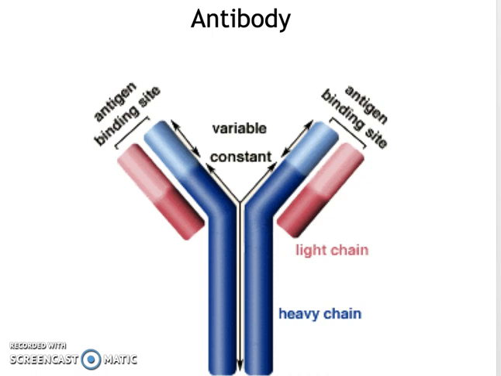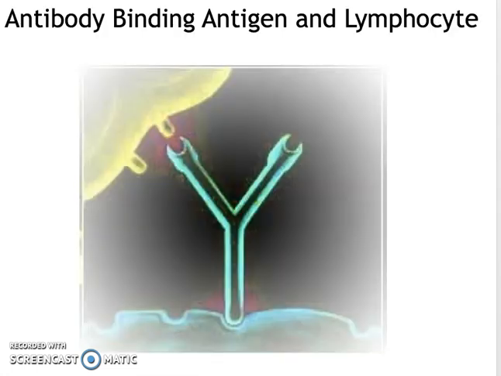The antigen-antibody binding is very specific. So there are antibodies that are specific to this year's flu virus that will not be effective against next year's flu virus, even if they're very similar. If an antibody does find an antigen and bind to it, it targets that antigen and whatever it's attached to for destruction.